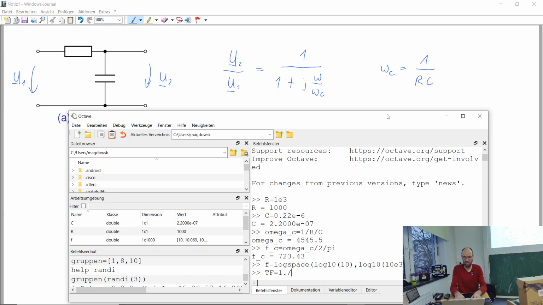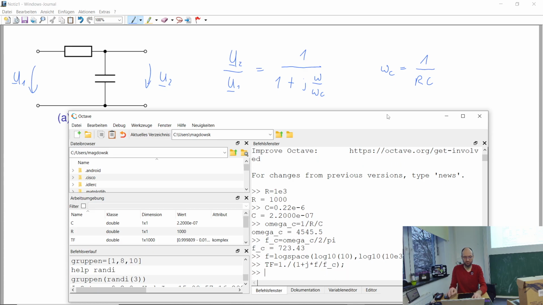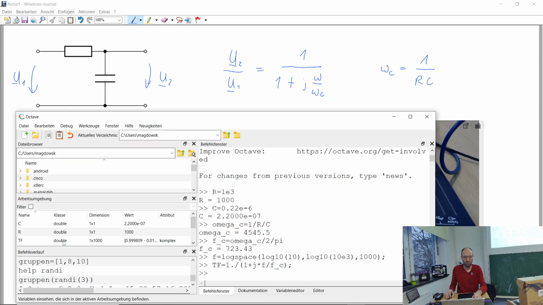It's 1 divided by 1 plus j times omega divided by omega c, or if I write f divided by fc, it does not make a difference. And so we get 1,000 values for our transfer function.